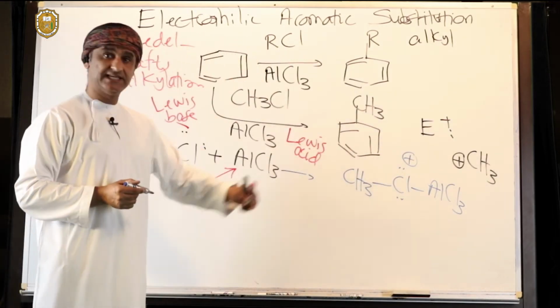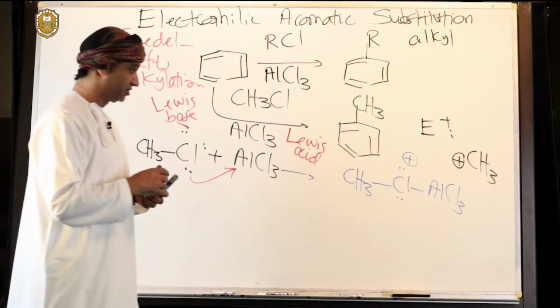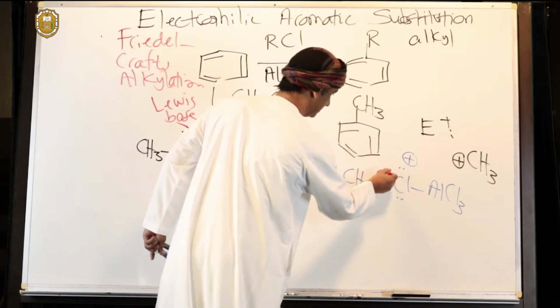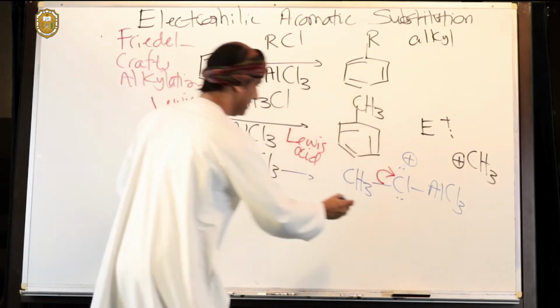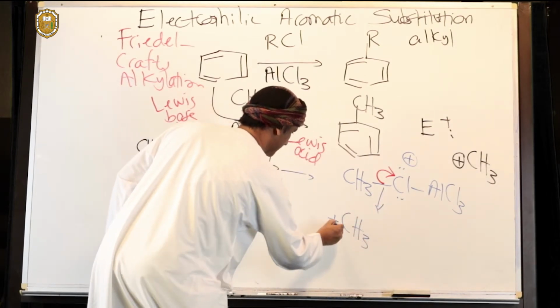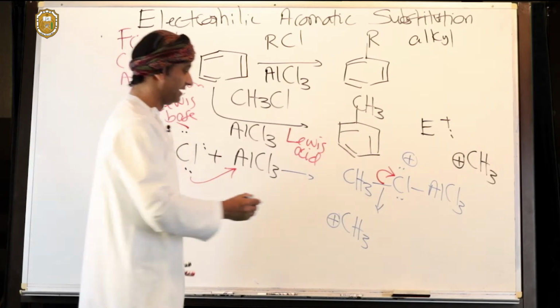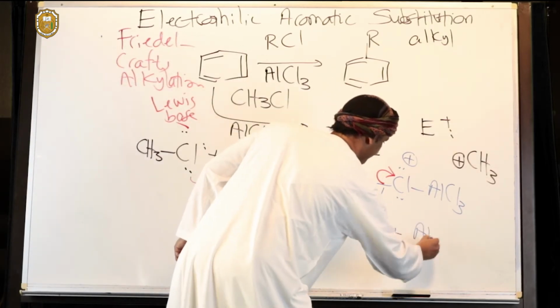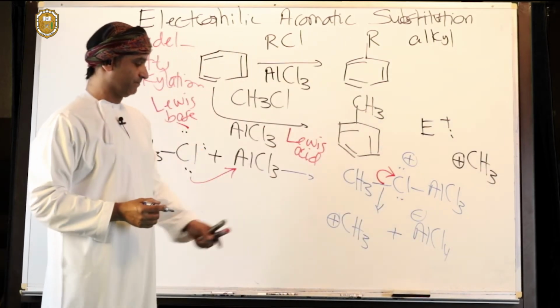Now, the C-Cl bond is then broken to give electrons to the positively charged chlorine, as shown using this curly arrow. Now, this gives CH3 plus, or this carbocation, as an electrophile, plus AlCl4 minus as a byproduct in this reaction.